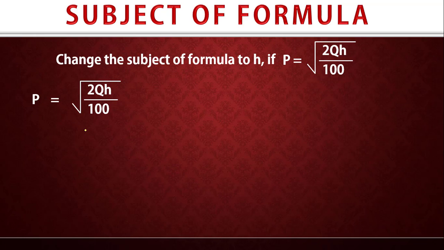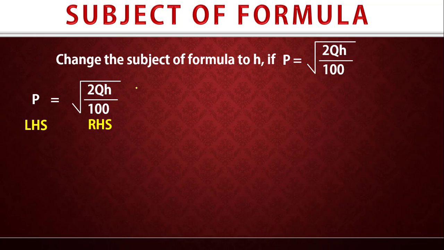Before you could do that, look at this barrier right here, which is the square root. That square root is the first barrier that will prevent us from getting to our h. So all you need to do is look for something to cancel out that square root. And to cancel out a square root, as we said in the note we looked at before, you need to make use of your square. So this is your left hand side and this is your right hand side.